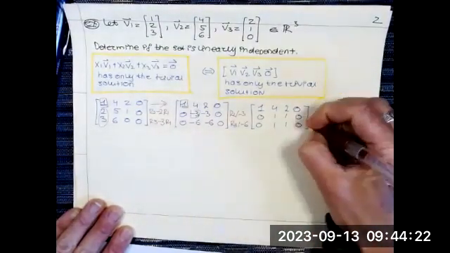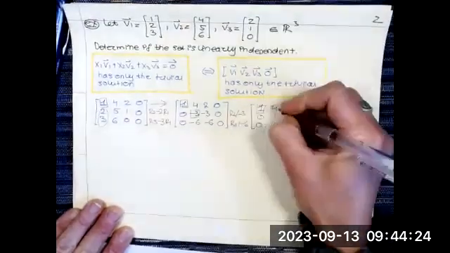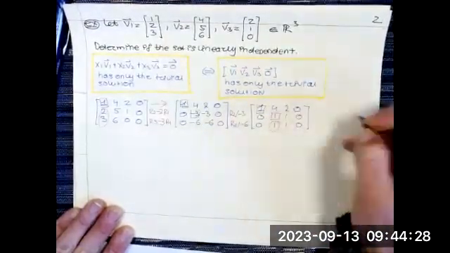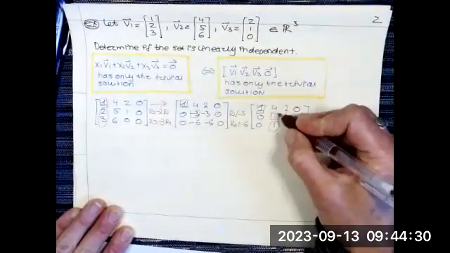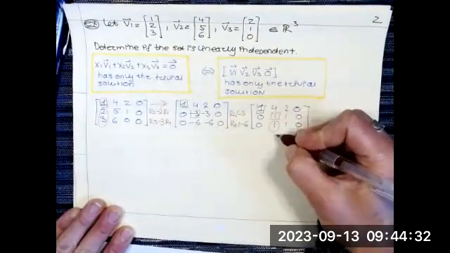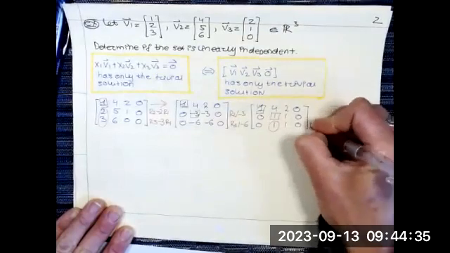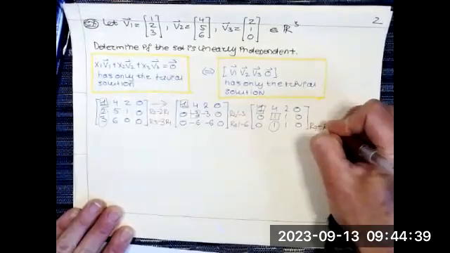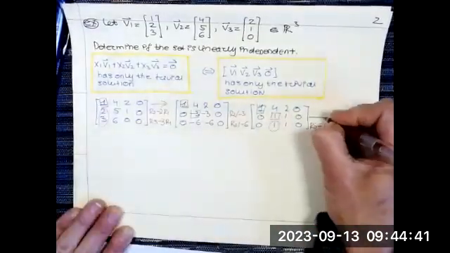Again, I look at my pivot columns and eliminate everything below the pivot position in the second column. So I replace row 3 with row 3 minus row 2, to eliminate this 1.